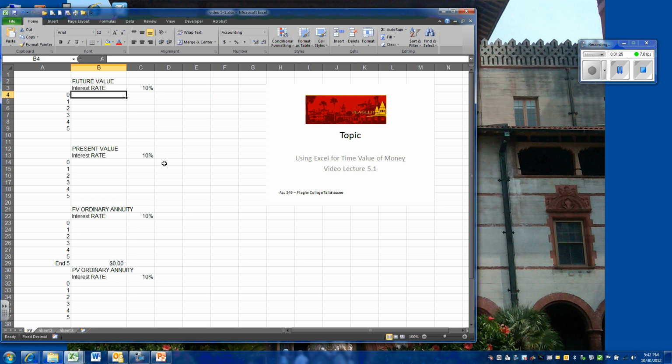Let's assume that today, at time 0, I'm going to take $1,000 and invest it in a CD that will pay 10% annual interest and mature in 5 years. So I designate the investment today as a negative amount because this is a cash outflow.